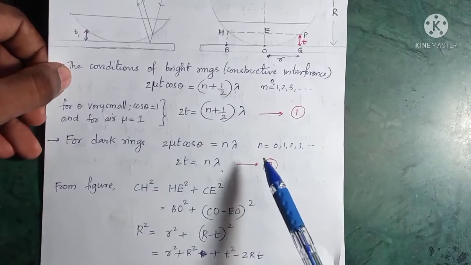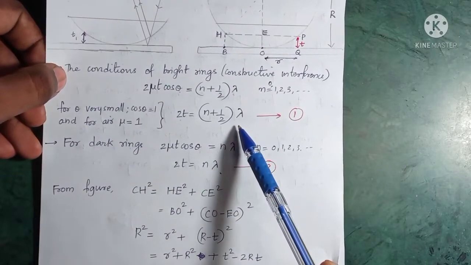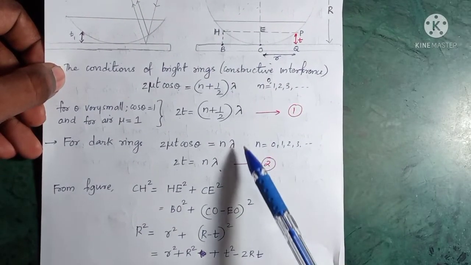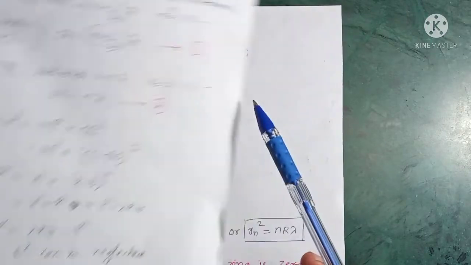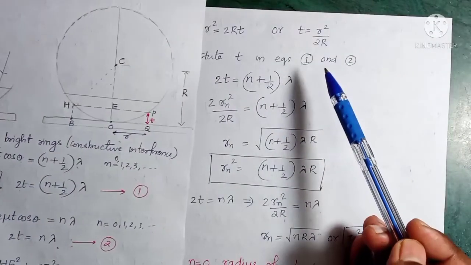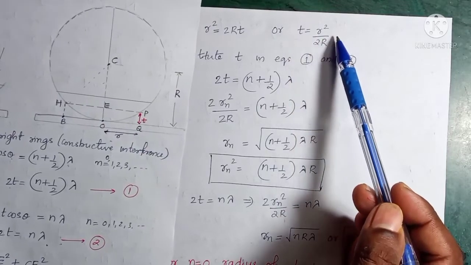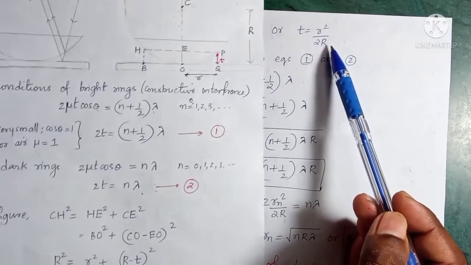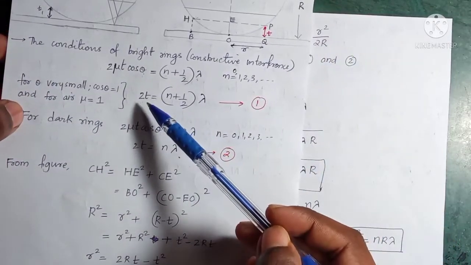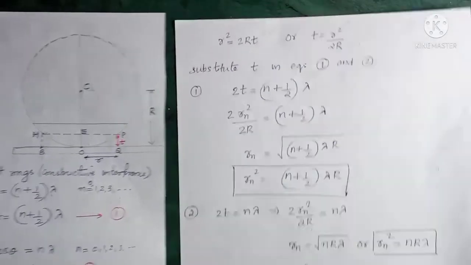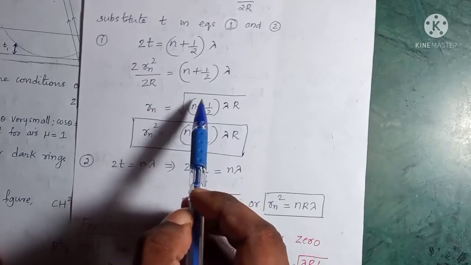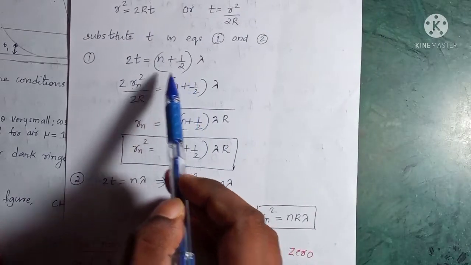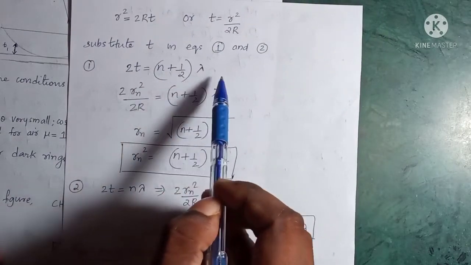We have the equations or the conditions for bright rings and dark rings. So here, substituting the value of t, that is small r square upon 2 capital R, the condition of bright fringe was 2t equals n plus half lambda.